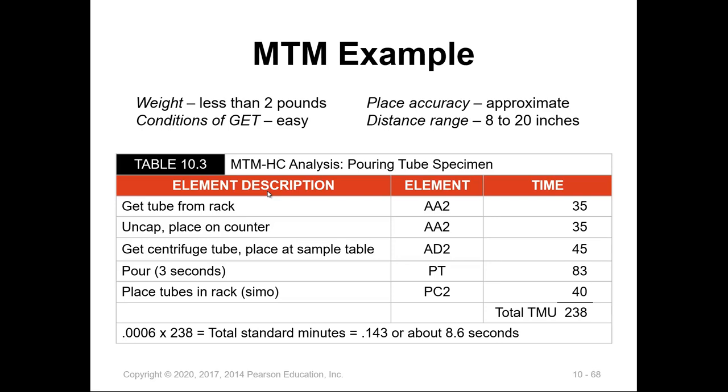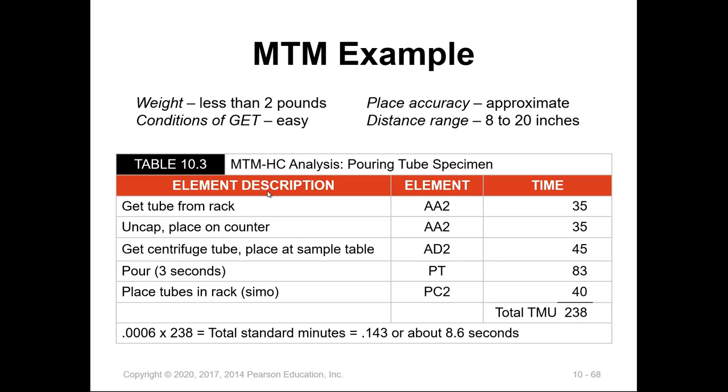So the MTM element of the get activity, AA2 based on the table in the previous slide, equals 35 TMU or time measurement units. That is a code of AA, and column 2. The same applies for the rest of the elements.